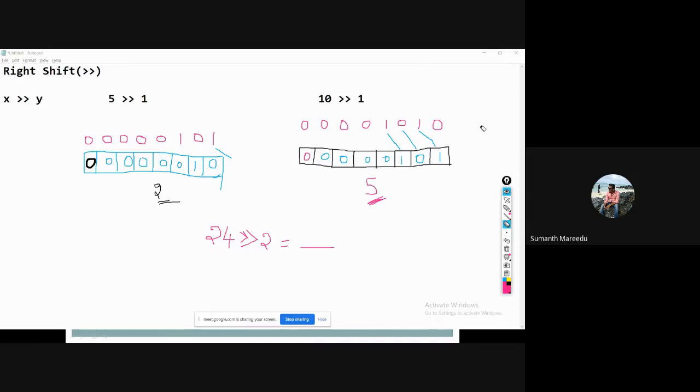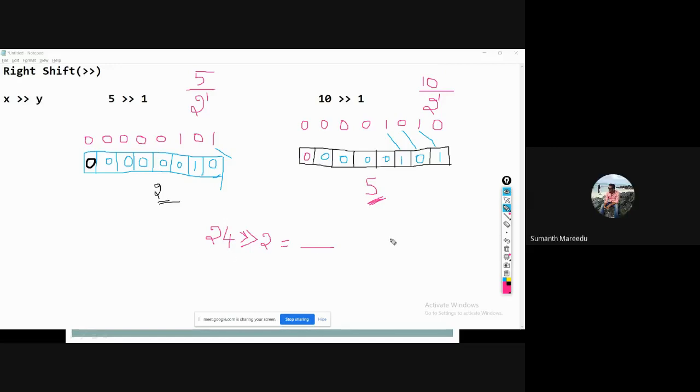If you apply left shift, it will multiply that number with 2 power the number you are shifting towards the left. And for right shift, it is 10 divided by 2 power 1, which is 5.